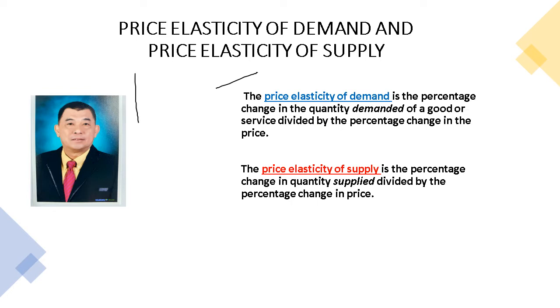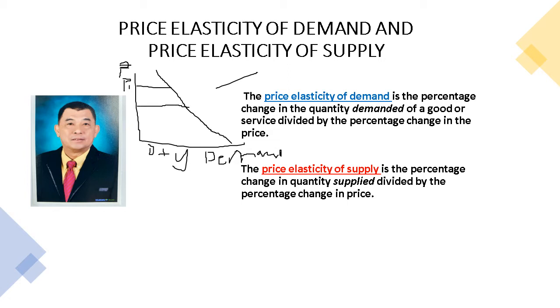So, if this is price and this is quantity demanded, and our curve is going down, if this one is P1 and this one is P2, and this one is Q1 and this one is Q2, then this is what we are trying to discuss.